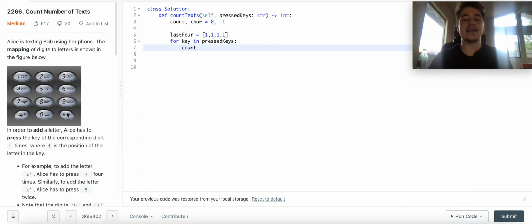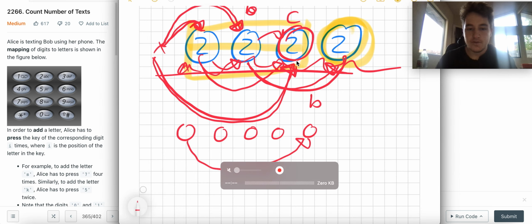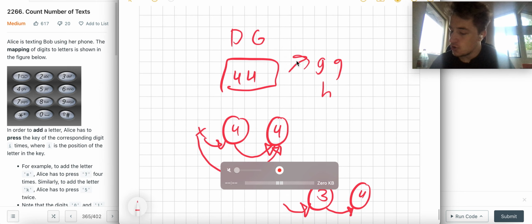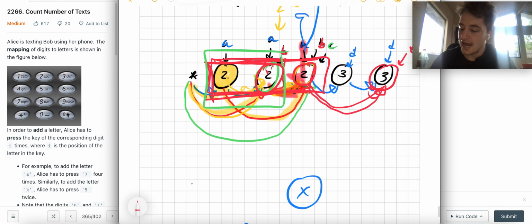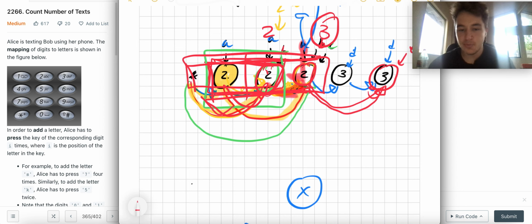And we'll update the count, right? Because we want to have a running sum for how many times we've seen something in a row. How many times you've seen a character in a row determines how far you can look back. The number of times I see 2 in a row determines how many previous things I'm going to add to 2. If I've seen 2 twice in a row, I can look at the 2 previous things. If I've seen 2 three times in a row, I can look at the 3 previous things.